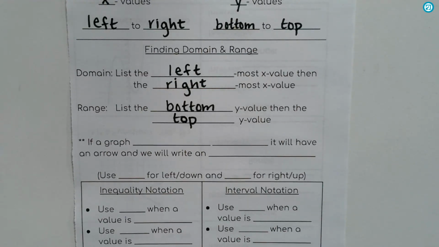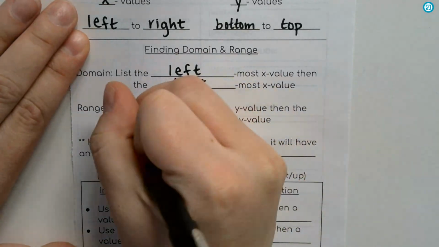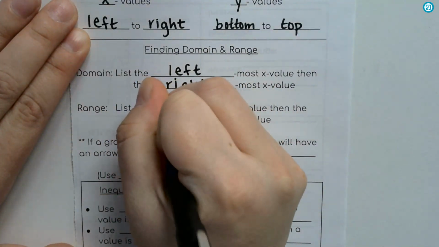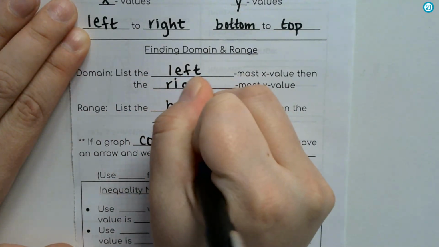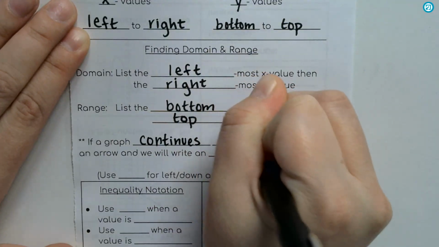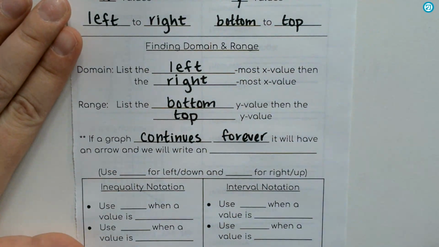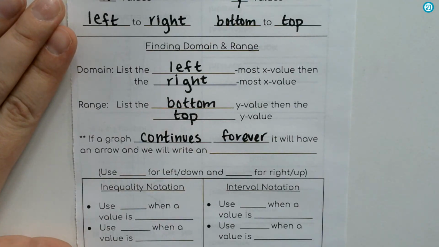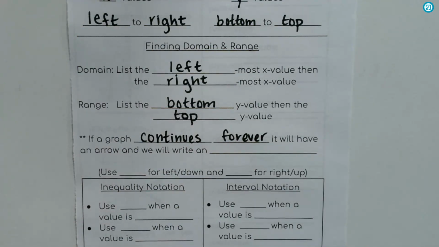There are going to be a lot of times where your graph just keeps going because there's an arrow at the end. So if your graph continues forever, it will have an arrow either at the furthest left, the furthest right, the lowest, or the highest.